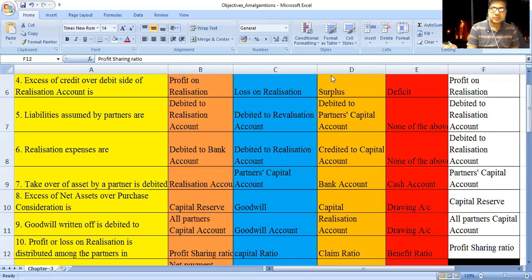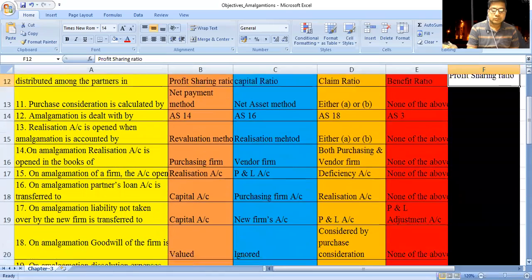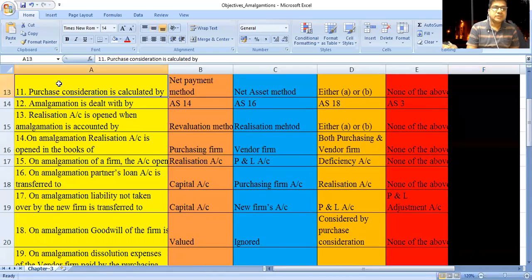After this, next, purchase consideration is calculated by option A, net payment method, option B, net asset method, option C, either A or B, or option D, none of the above.